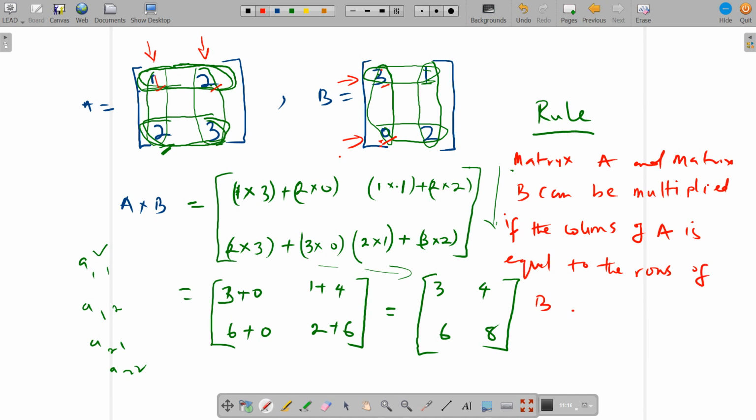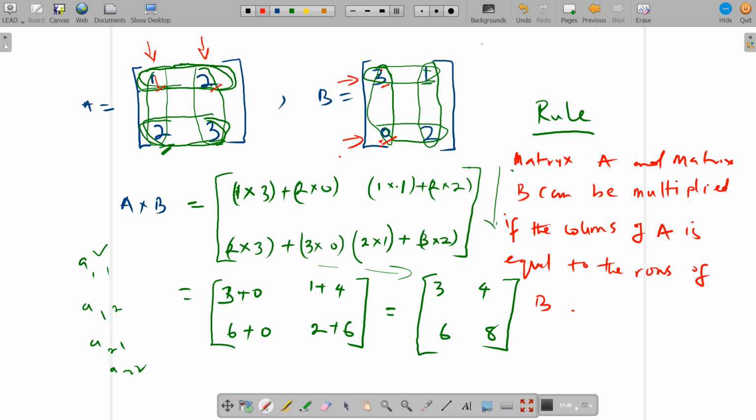If they give you any two matrices, what you should first look out for is: is the number of columns in the first one equal to the number of rows in the second one? If that is the case, then it means you can multiply the two matrices.